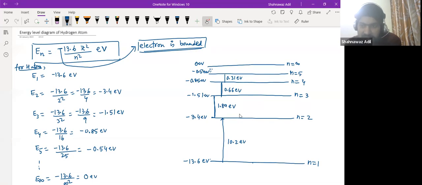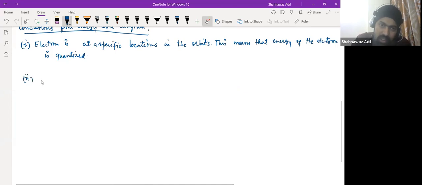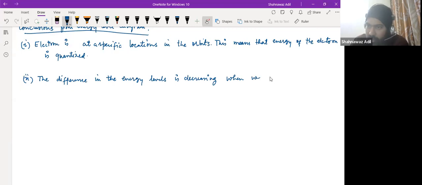So energy is quantized, and as you said about the difference in the energy levels, the difference in the energy levels is decreasing when going to higher energy levels.